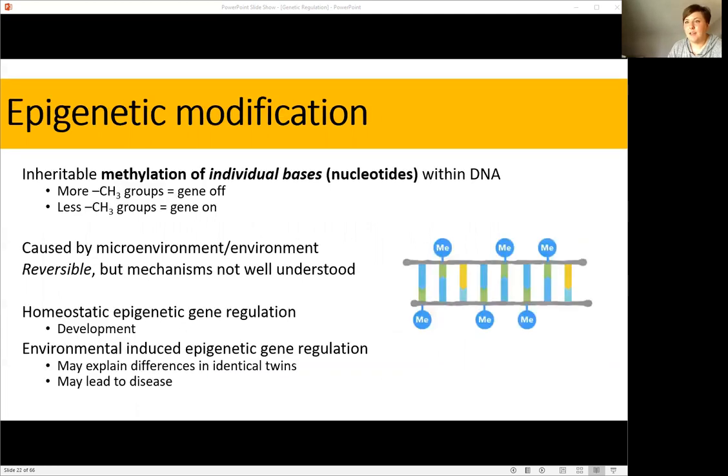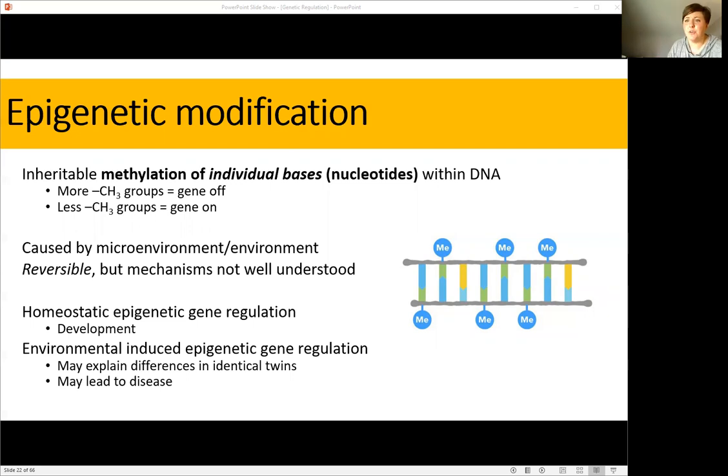Interestingly, these epigenetic modifications can actually be inherited, meaning that if they are incurred in a mother or father, or even in a grandmother, they can be passed to offspring. Some of these epigenetic modifications are caused by microenvironmental effects, such as those that occur in a fetus and placenta during development.